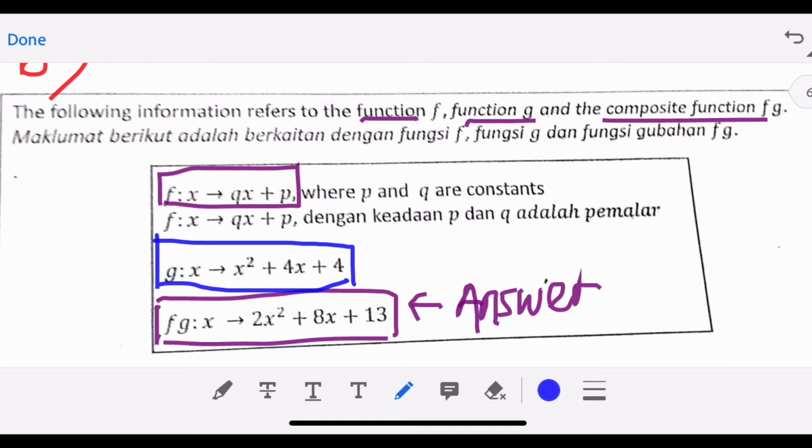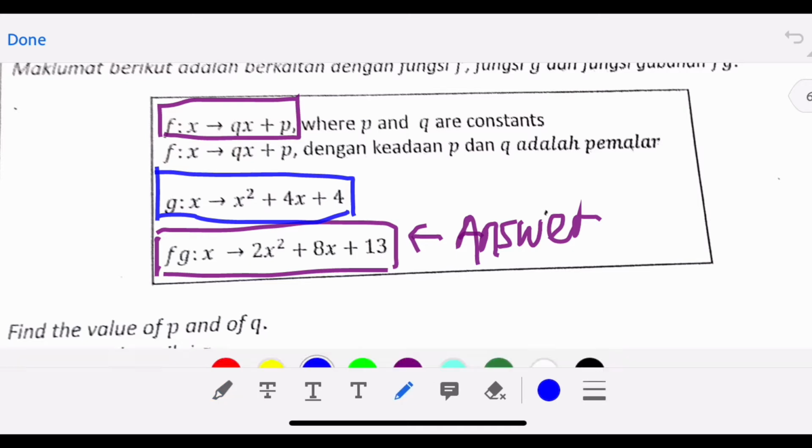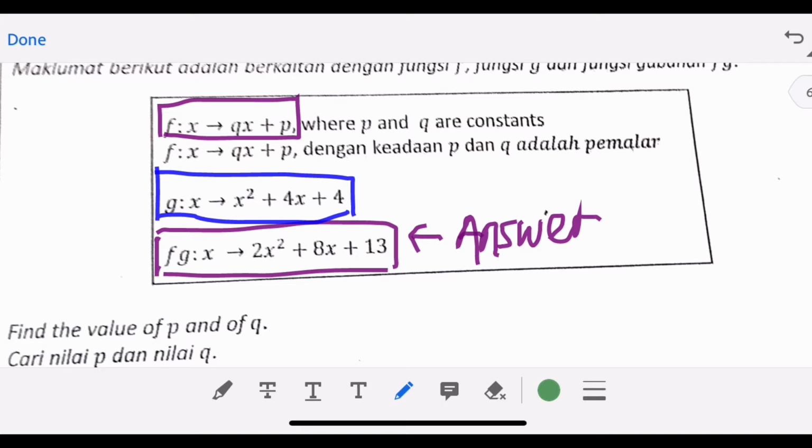If you want to find a composite function, that means for a function we only have two important things. One is the function, the other one is the object. Just two things. Inside the object can be anything. It can be a function itself, it can be an object which is actually also a function.